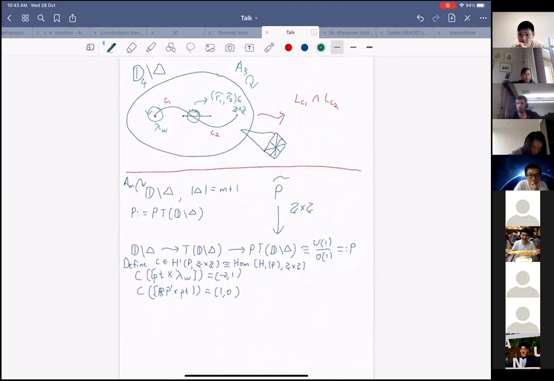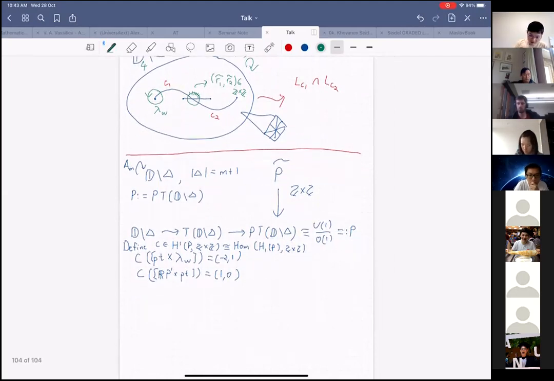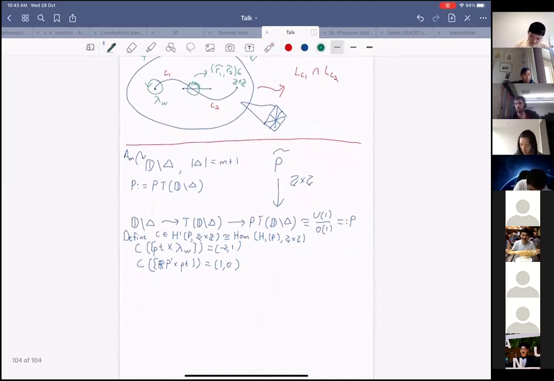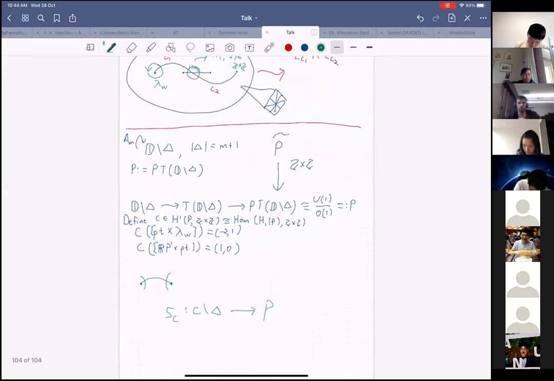Any question on this setup? Last week we also said that from this setup, for every curve, taking out the puncture, if you look at the map sending x to the tangent vector at x, there is a leaf.